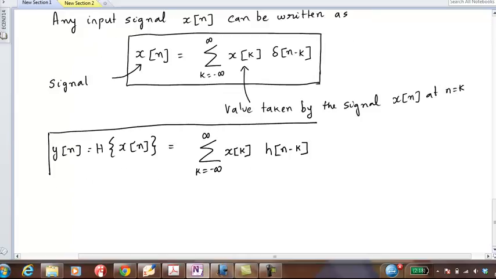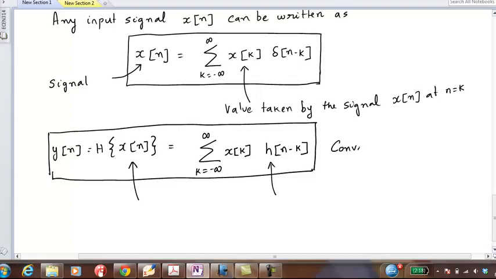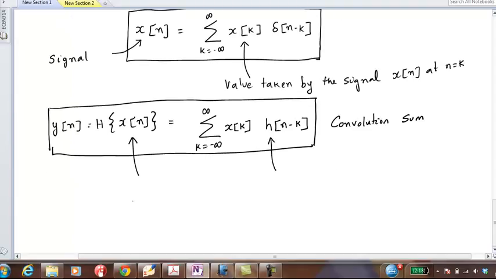So this is finally what we are interested in. Because what it says is, if you give me the function h of n and you give me the signal x of n, now we have a formula that says how we can compute y of n. This is called the convolution sum, or just the convolution of the signals x of n and h of n.